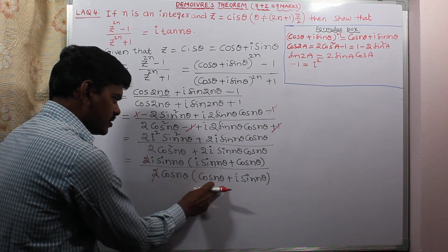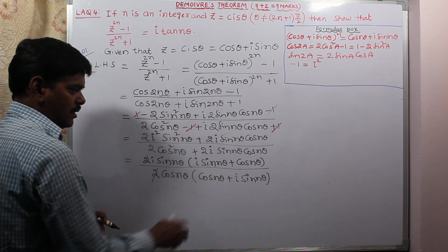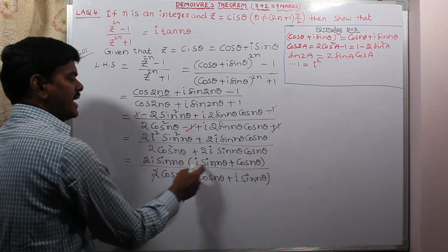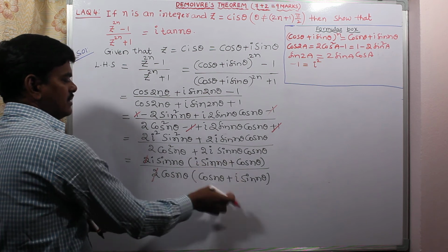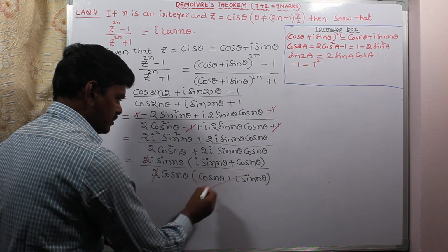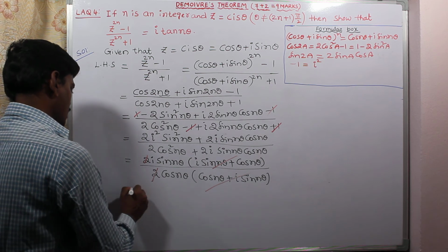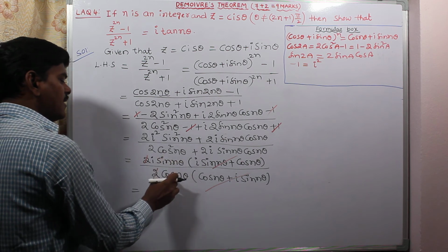Now if I observe the numerator and denominator, the brackets cos n theta plus iota sin n theta are the same terms, just in a different order, so they can be cancelled. Now we can write iota into sin n theta by cos n theta.